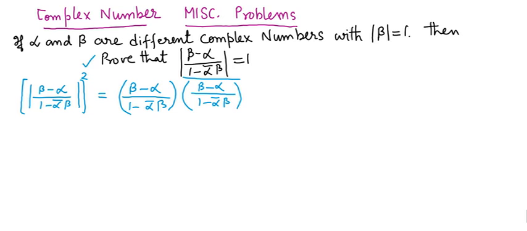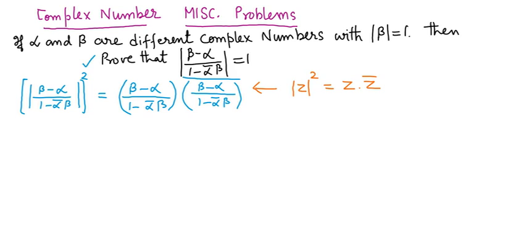This is a property: the square of mod of any complex number will equal to that complex number into conjugate of that complex number. So by using this, we get this result.